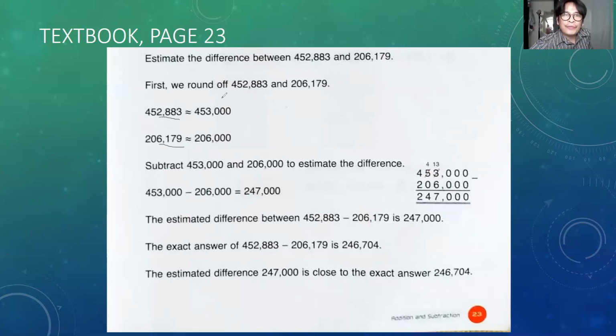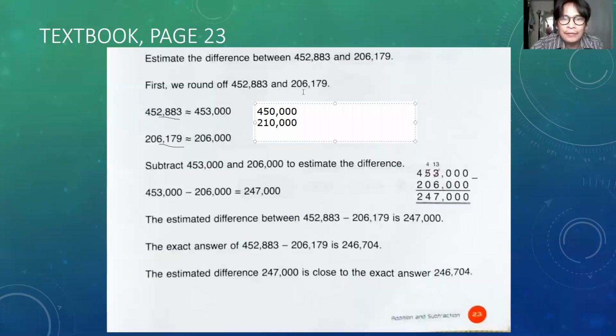But if you want to round off to the 10,000 place, for example, 452,883 is approximately 450,000 minus 206,179 is approximately 210,000.